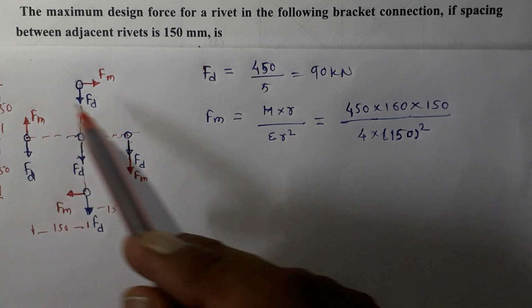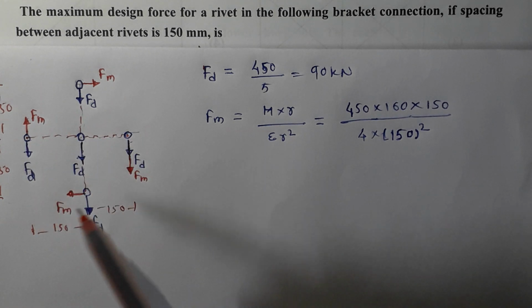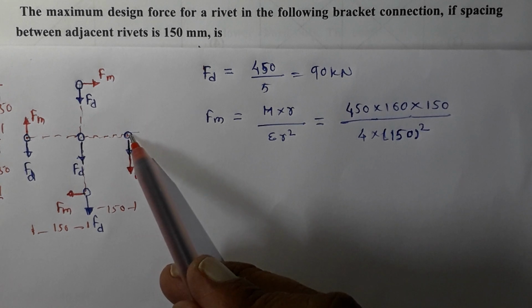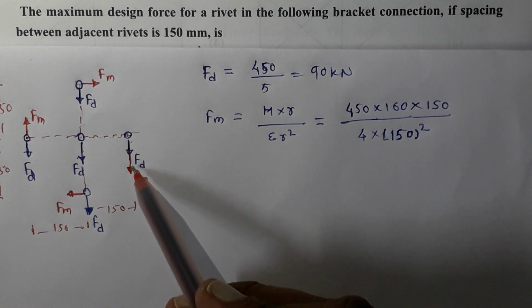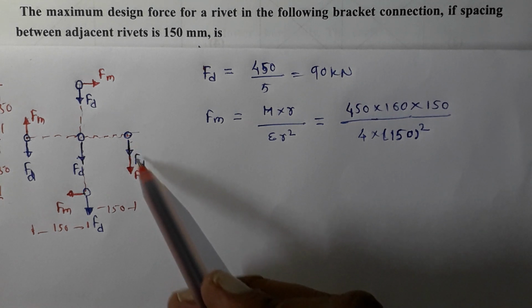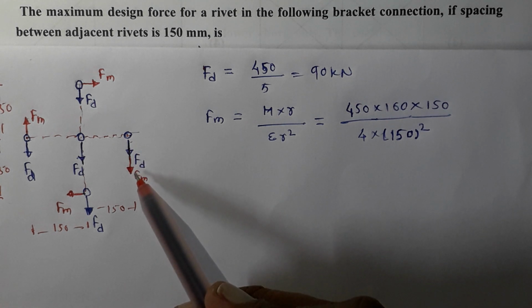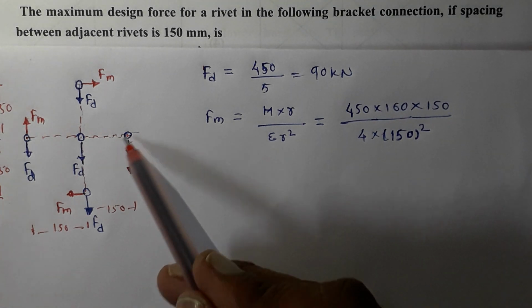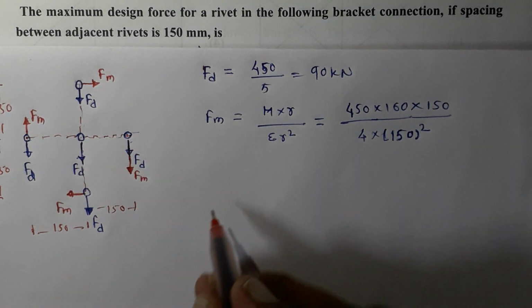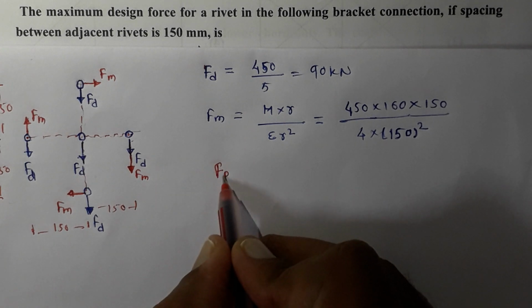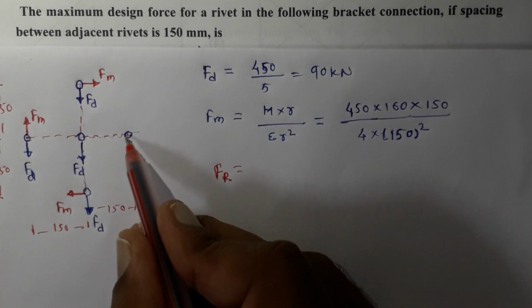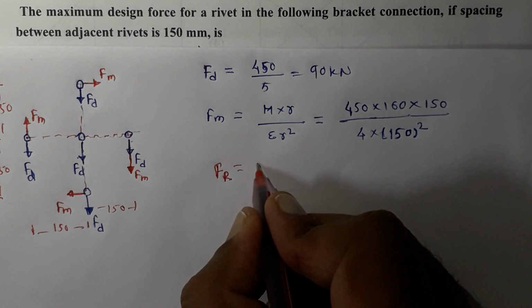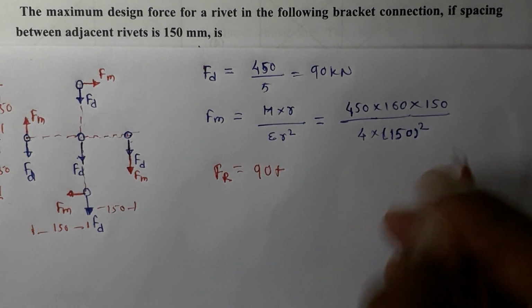Now if we observe all these rivets, we can see that this rivet will be subjected to the maximum value of shear force, because here both of these shear forces, that is FD as well as FM, are going to add with one another, and we will find that this rivet is the worst affected rivet. That is why the resultant force, that is the maximum force acting on the rivet, is FD plus FM, which is 90 plus this value.